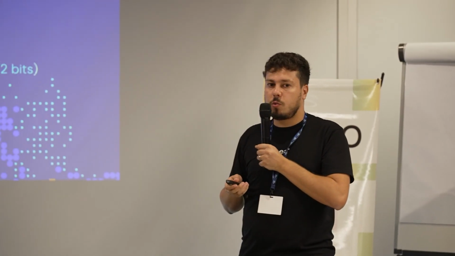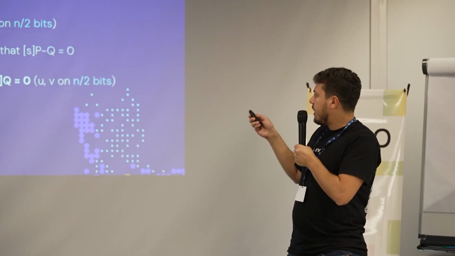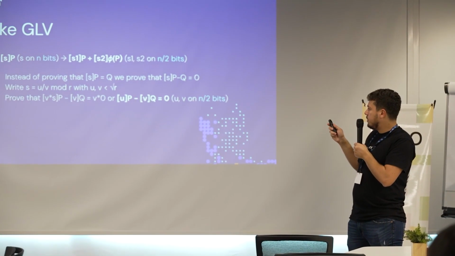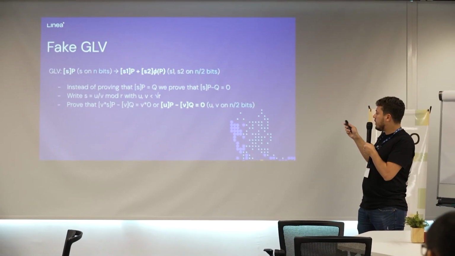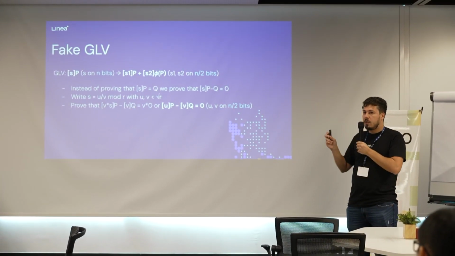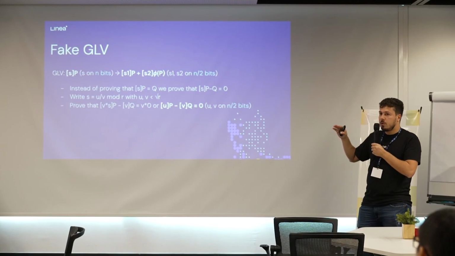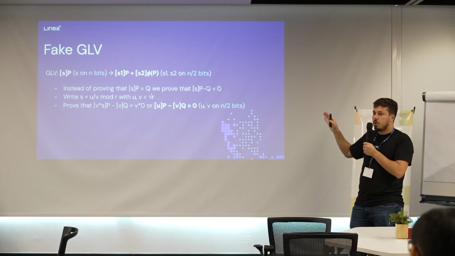But if I find this V in a way that the initial scalar S can be equal to U out of V modulo r, with U and V half the size, so smaller than the square root of r, then I transform the scalar multiplication SP to the scalar multiplication UP minus VQ with U and V twice smaller. So I just found a way to do this without having the efficient endomorphism.